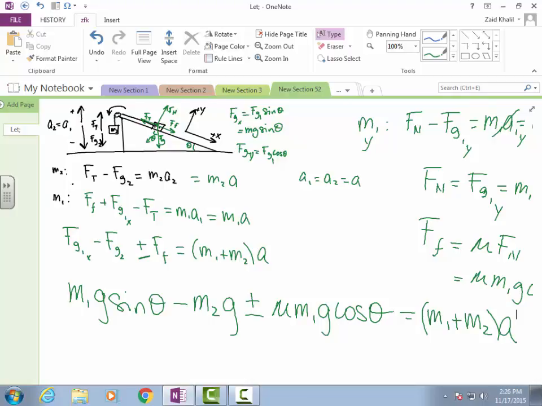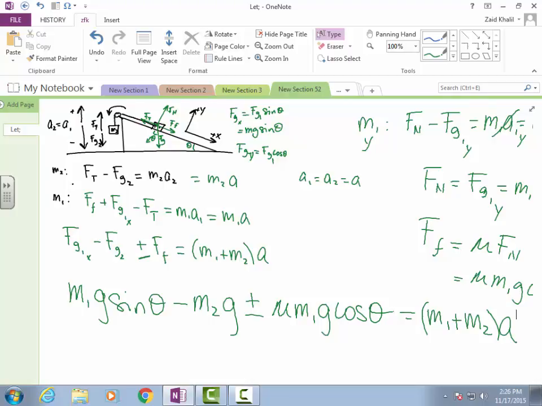So when theta equals 0, what does A equal? Now, which scenario gets applied, minus or plus? That's right, so it would only be plus.